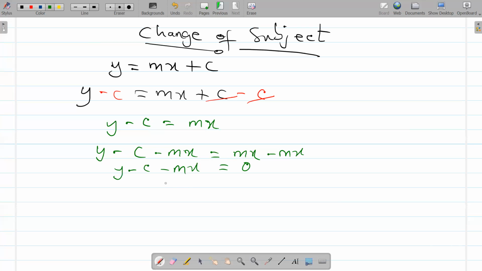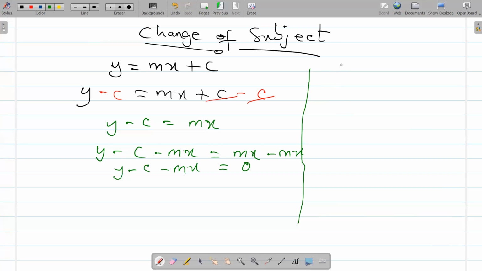So how do we make the c stand alone? We were supposed to deduct mx from the other side also. Yes, that was to the left side. So we should have done it this way.